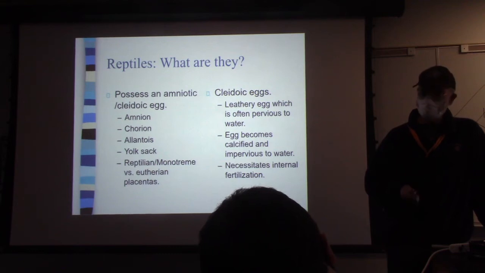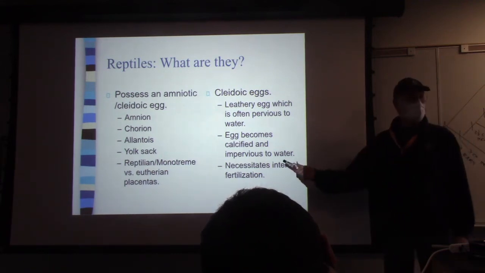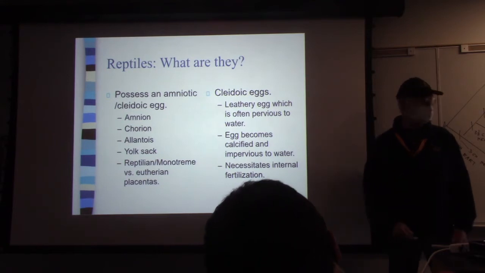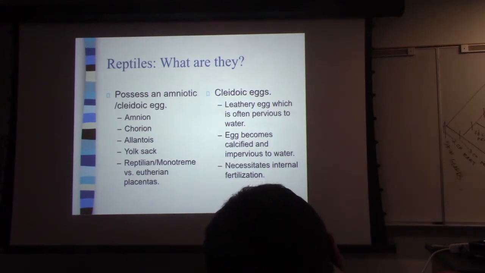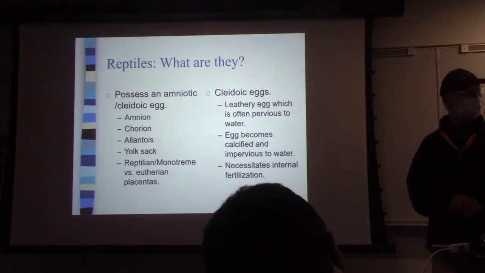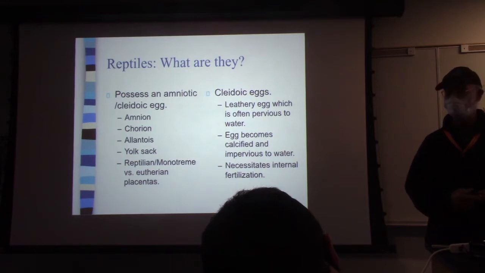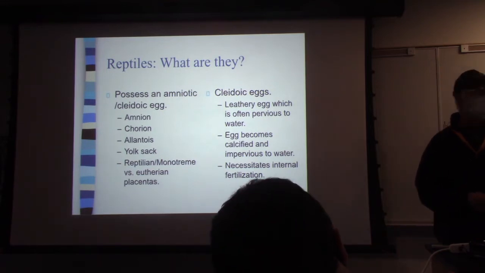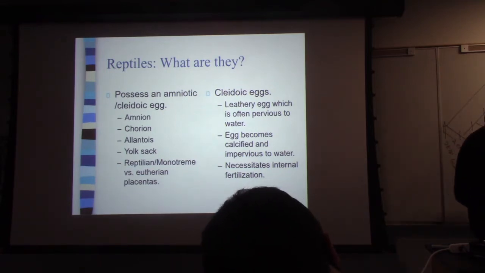Clearly, some fish have internal fertilization, right? But all reptiles have to have some sort of internal fertilization. And what that means is you have to have some kind of an intromittent organ. So the male has to have some device that he can use to insert into the cloaca of the female to transfer sperm. And they do it in all sorts of cool and interesting ways.